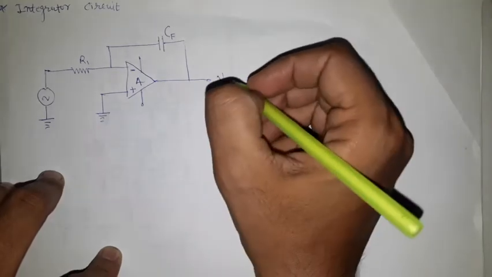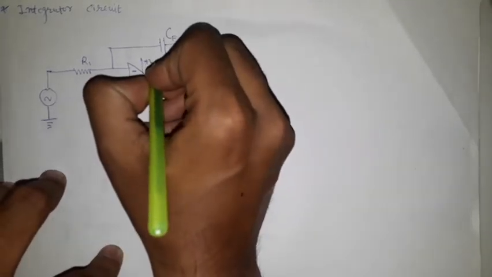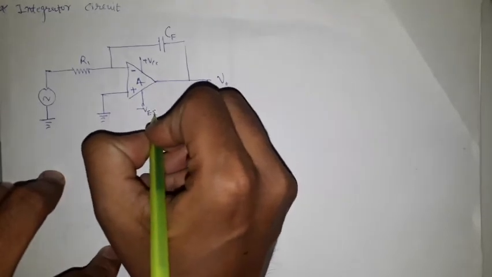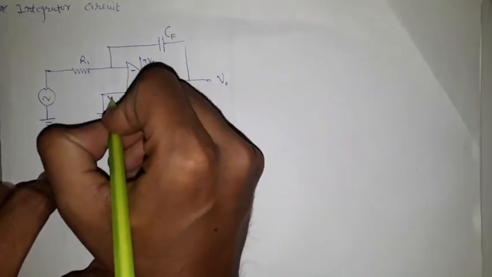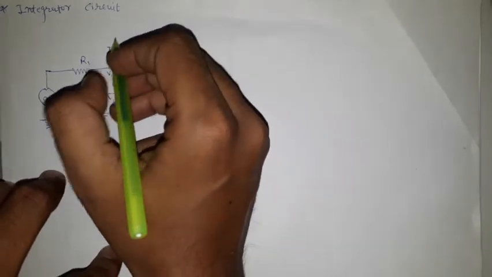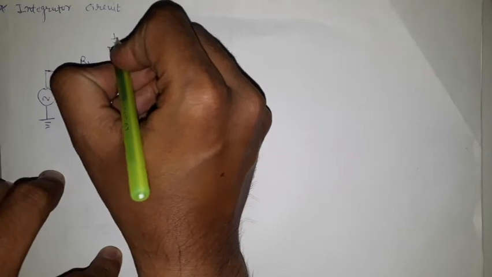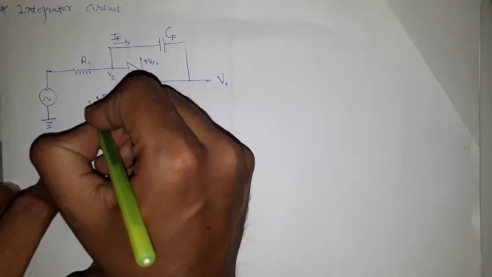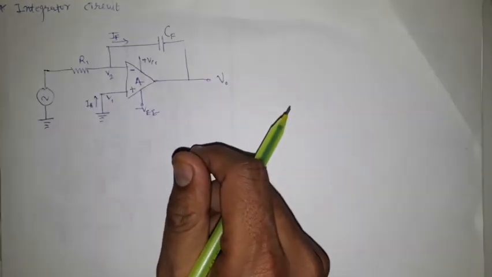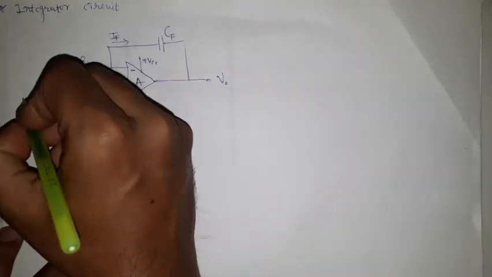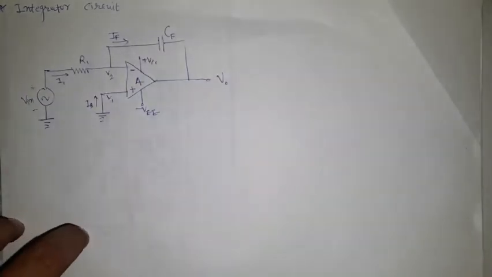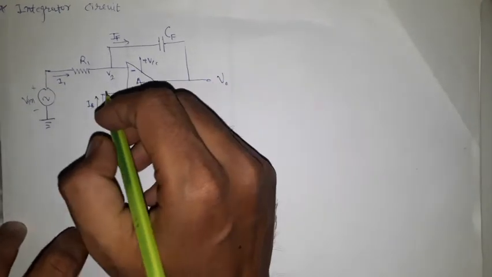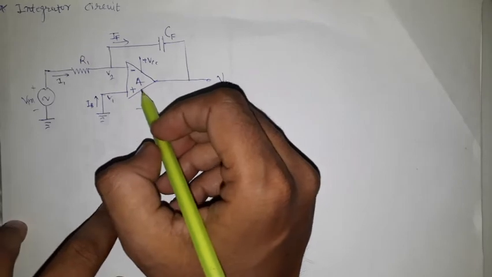Here is V0, the output voltage, plus VCC and minus VEE. Here is V1 and V2. Here is IF and input bias current IB. And here is I1. So this is the circuit diagram for the integrator circuit.